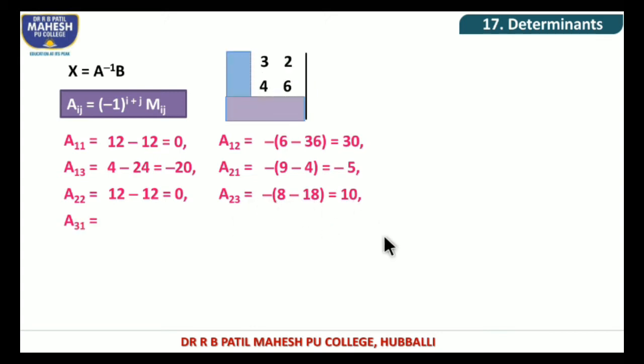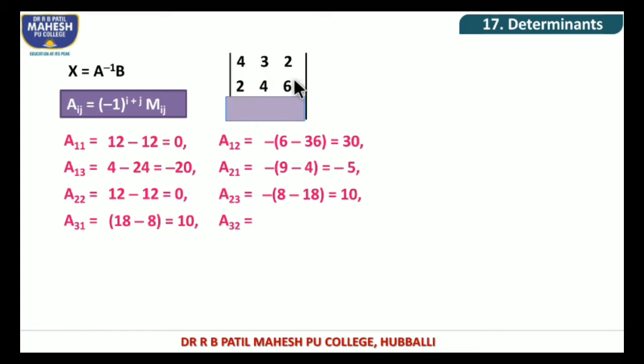For A31 we have the sign plus and it is 18 minus 8, then we have 10. Then for A32 we have the sign minus and eliminate the third row and first column.